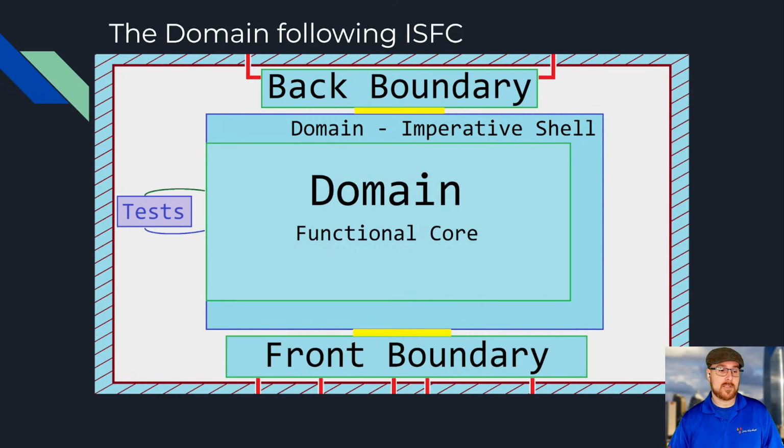So for example, if you have a method that is given a user ID, and the first thing it does is pull a user from the database, and the second thing it does is a bunch of functional stuff, then what you would do is take that functional stuff and put it inside its own method. Then your original interfacing method, what I call the imperative method, gets the user and then calls into that functional method.